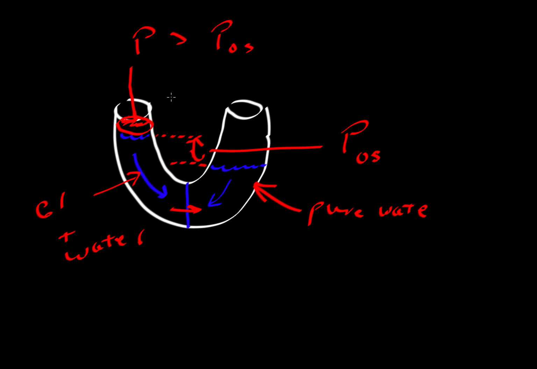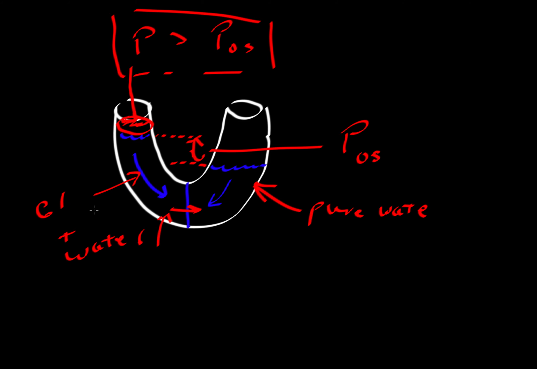So if we increase the pressure on the left-hand side, the natural tendency would be for water to move right to left. But if we increase the pressure greater than the osmotic value, then that'll push water from left to right. And if we push water from left to right, that's a way of purifying the system. We take this water that's contaminated with glucose.